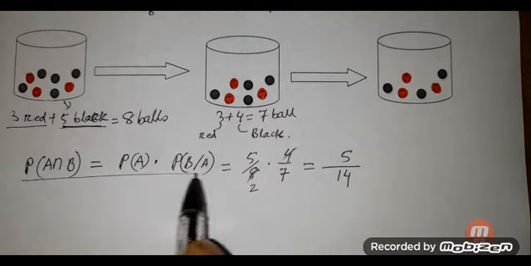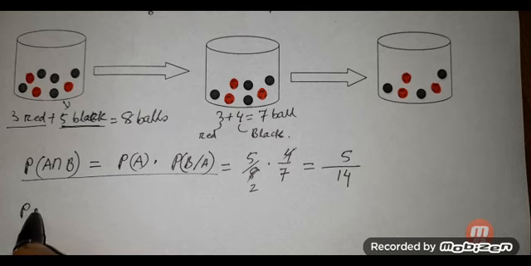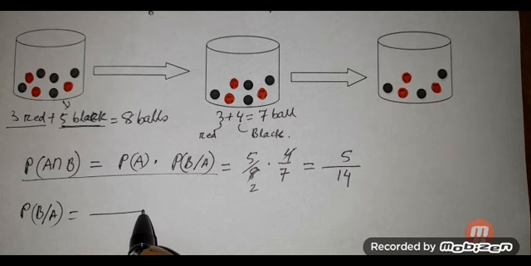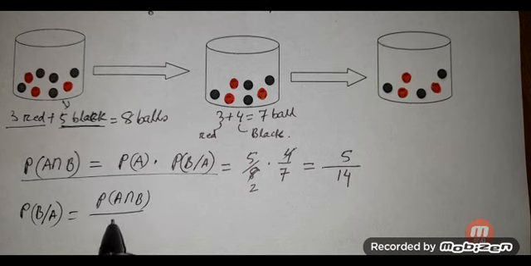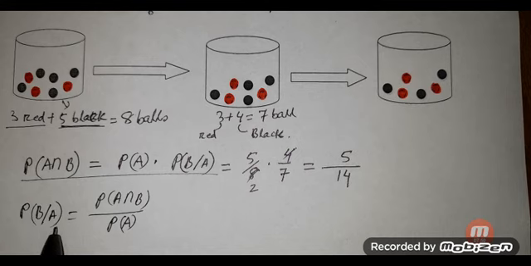From this relation we get probability of B given that A is equal to probability of A and B by probability of A. So conditional probability of B given that A is equal to probability of A intersection B divided by probability of A. Now from this idea of conditional probability we may derive the Bayes theorem.